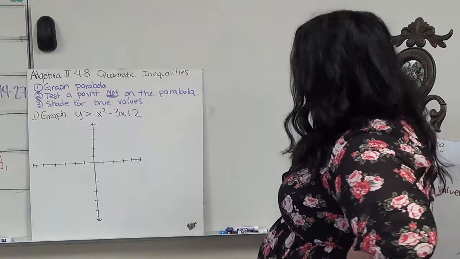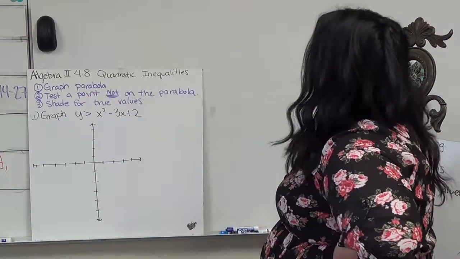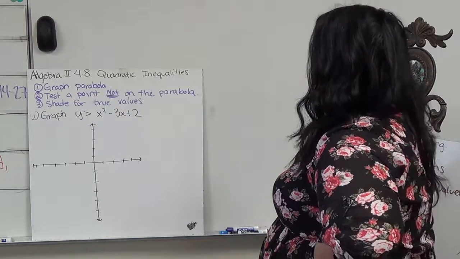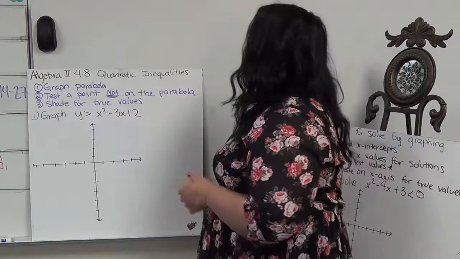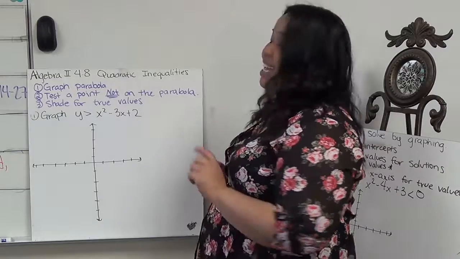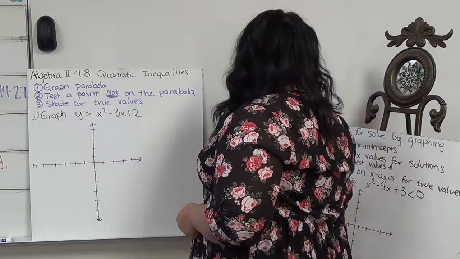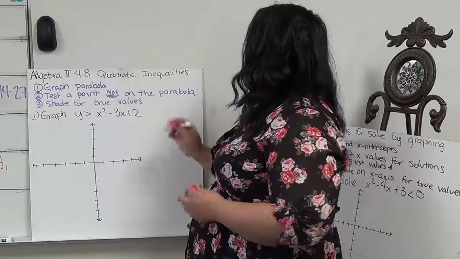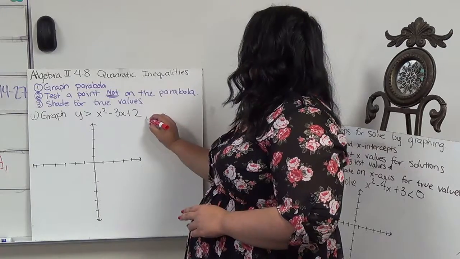So number 1 tells us to graph y is greater than x squared minus 3x plus 2. I'm going to first ignore the inequality, because that doesn't come in until I'm ready to shade, and just treat it as an equal sign.